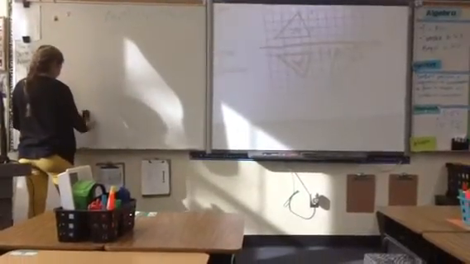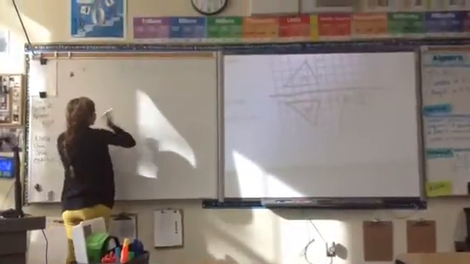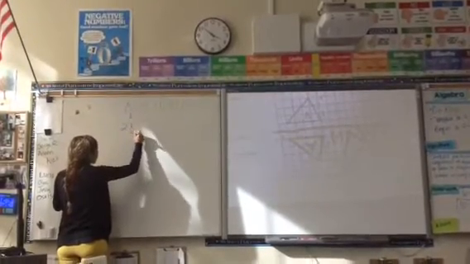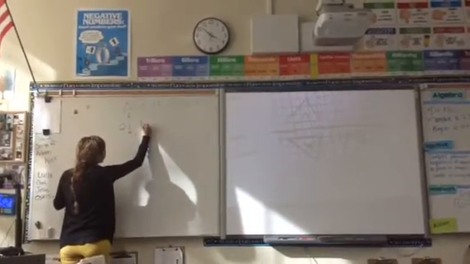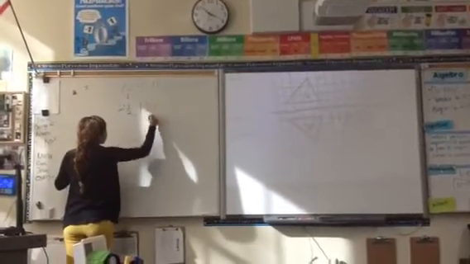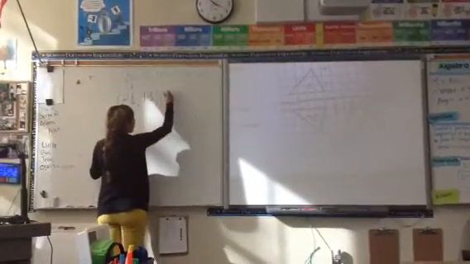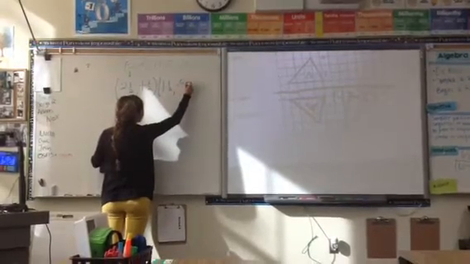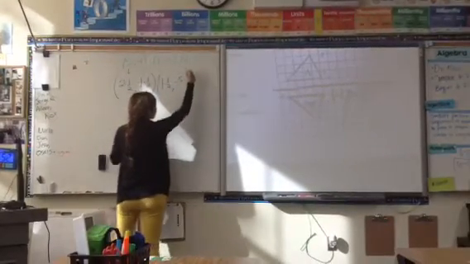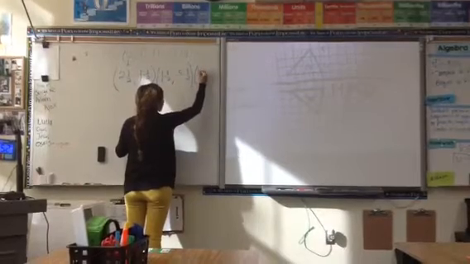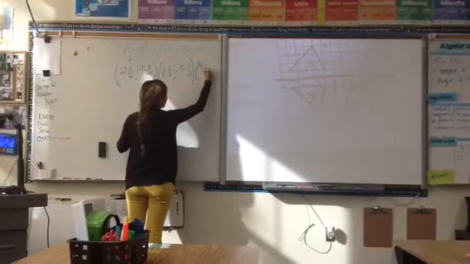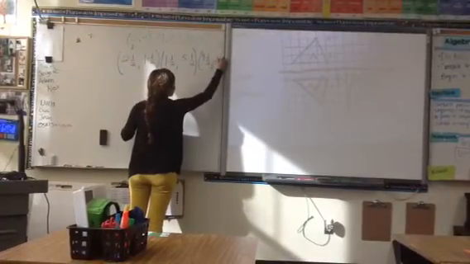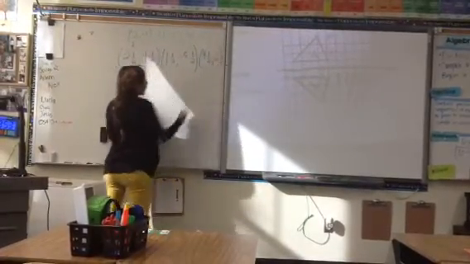Now it says multiply each of these by 1/2. So I'm going to take 2 times 1/2, -1 times 1/2, 1 times 1/2, -5 times 1/2, and 4 times 1/2, -2 times 1/2. Okay?